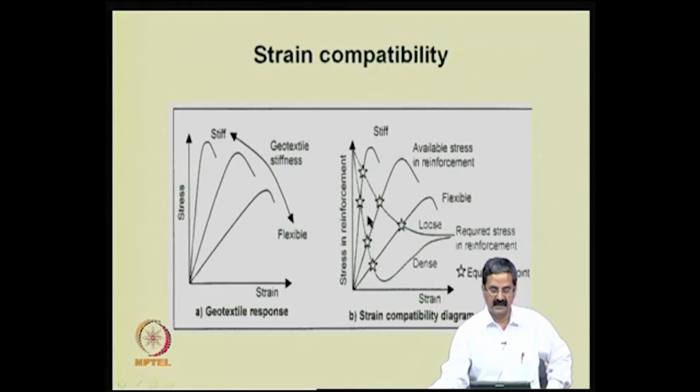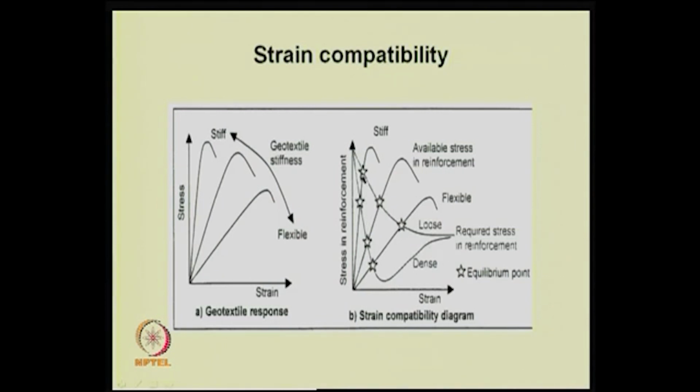I was also talking about the state of the soil and the strain compatibility earlier. This is a loose soil, this is a dense soil, and this is the available force in the reinforcement. The stress strain curve is very steep in the case of a stiffer material, but in the case of loose soil or dense soil there is a difference.